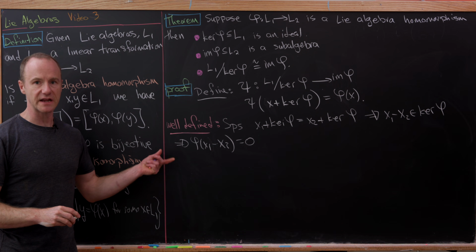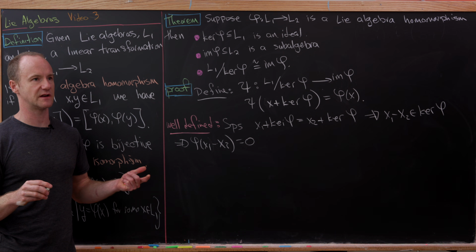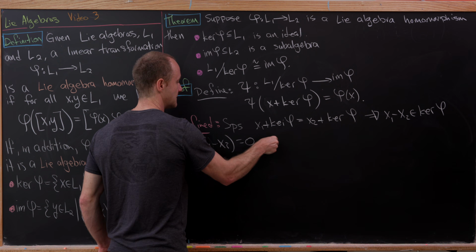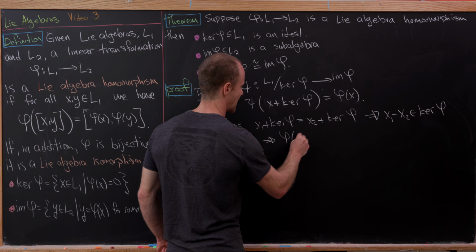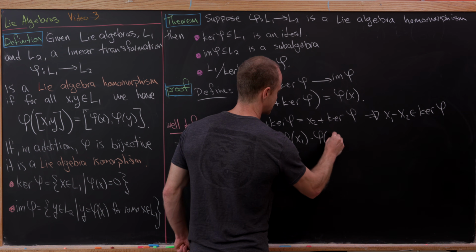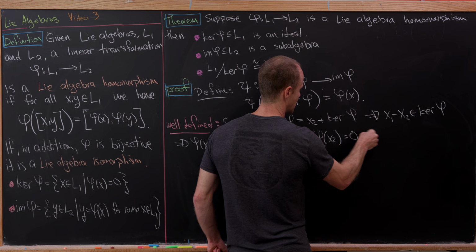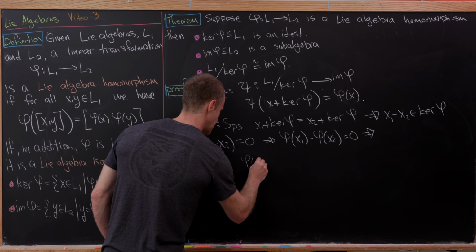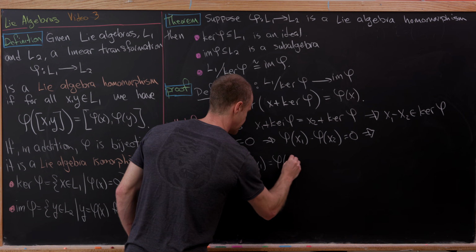But this is a linear transformation. I don't even really need to use the fact that it's a Lie algebra homomorphism at this point. It's a linear transformation, so I can split this up and I have phi of x1 minus phi of x2 is equal to 0, which means that phi of x1 equals phi of x2.